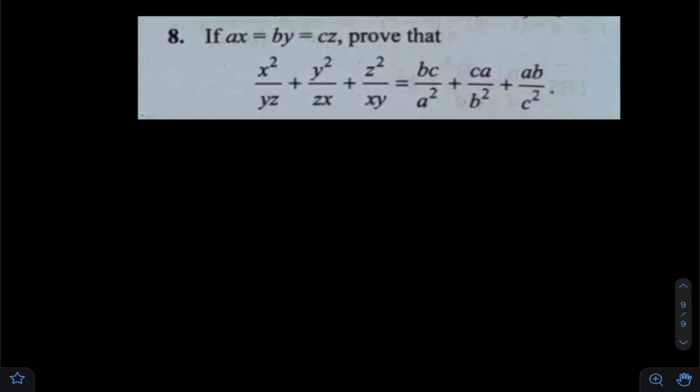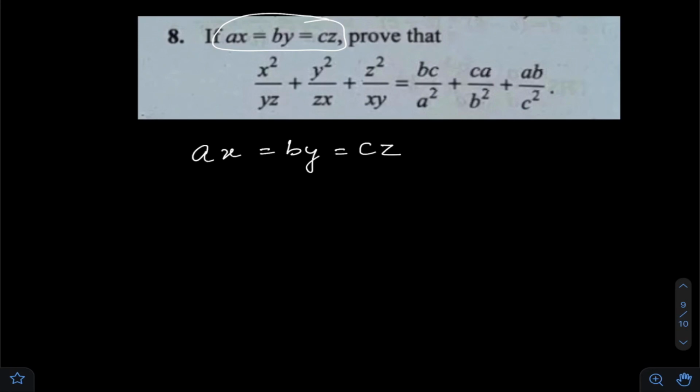Now we are coming to question number 8, and here we have a slight difference. If you compare with other questions, we do not have ratios equal to each other, we have products equal to each other. So in this situation, what are we supposed to do?